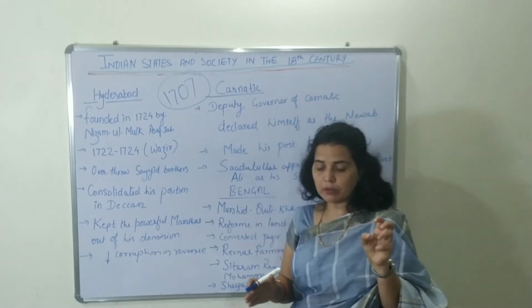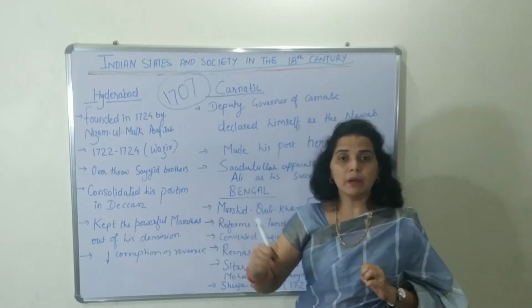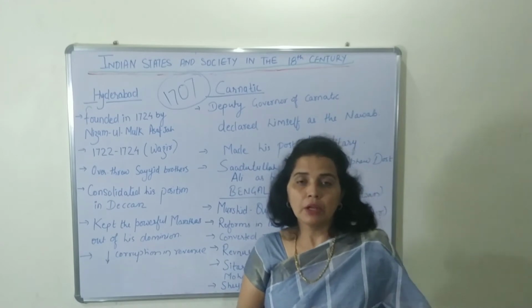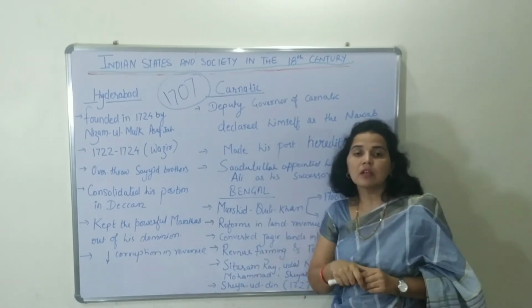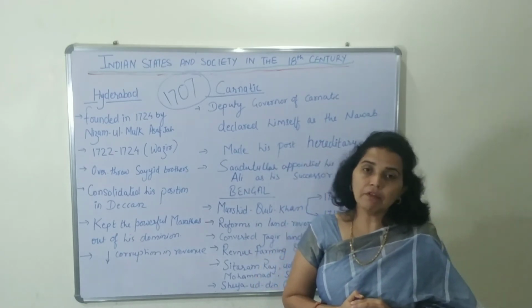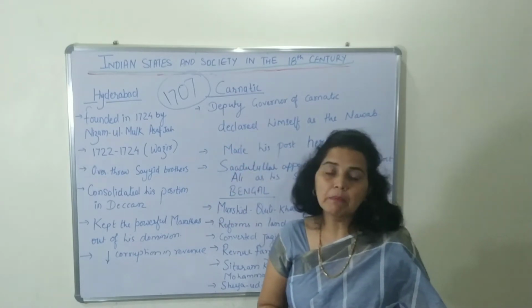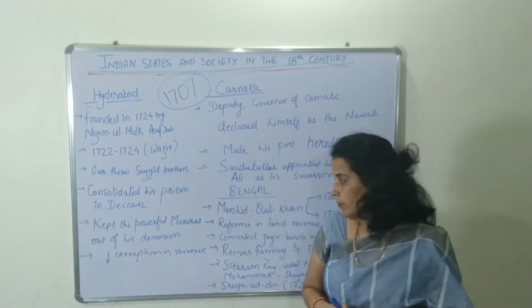If we talk about the discipline and the administration, that's why he was able to keep those powerful Marathas out of his dominion. You know, these Marathas were the most dangerous rivals even during the Aurangzeb regime, and they were very powerful. But he was also a powerful man, that's why he was able to keep these Marathas out of his dominion.